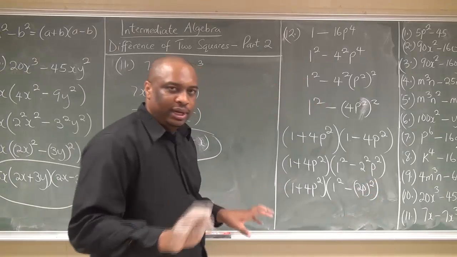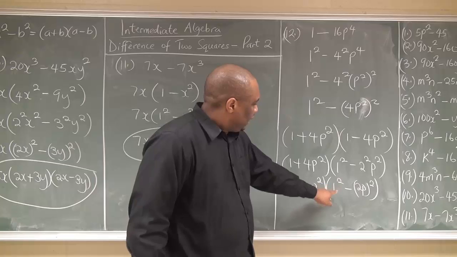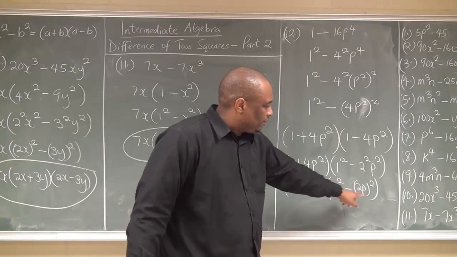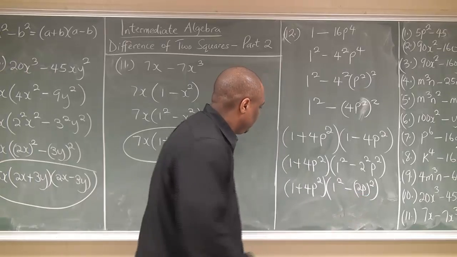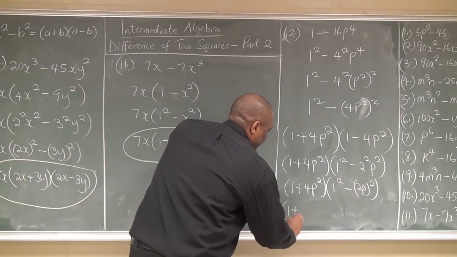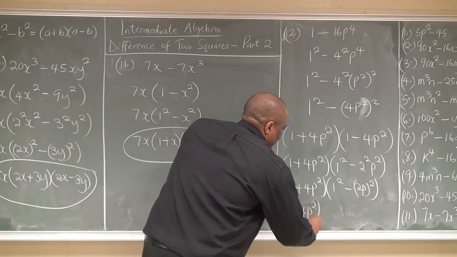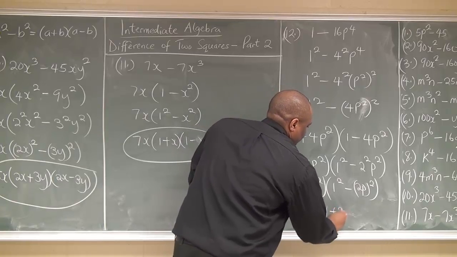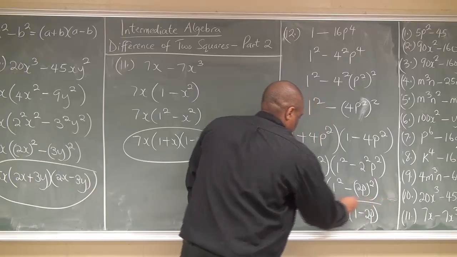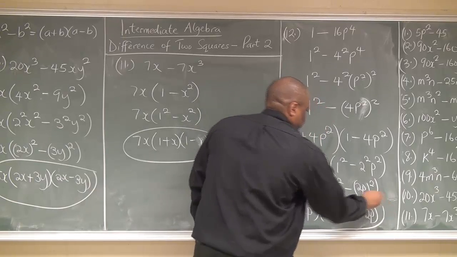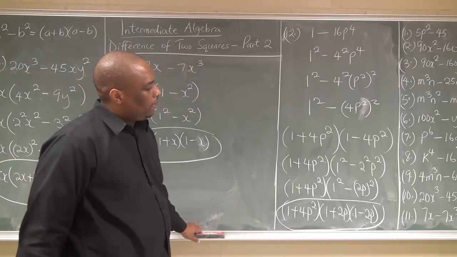I'm taking it gradually. So here again your A is going to be 1 and your B will be 2p. So your answer will now be 1 plus 4p squared times 1 plus 2p times 1 minus 2p. And this becomes your answer. See that?